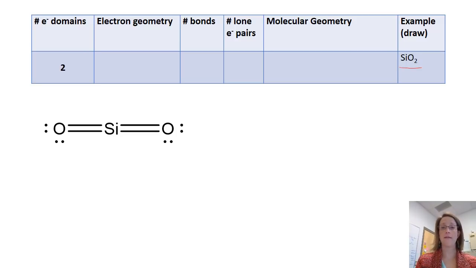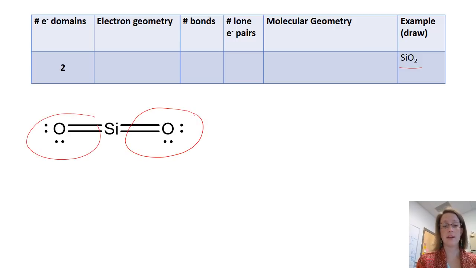Here we have our Lewis structure for SiO2. The first thing I'm going to do is circle our electron pair domains. I have one oxygen bonded to my silicon, and another oxygen bonded to my silicon. So there are two electron regions around my silicon atom.